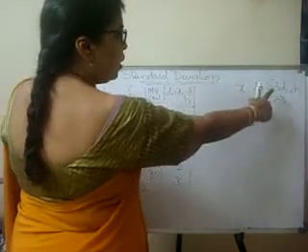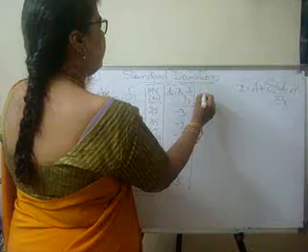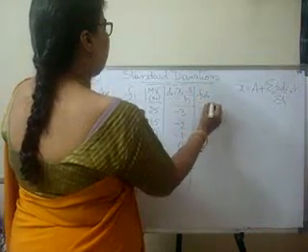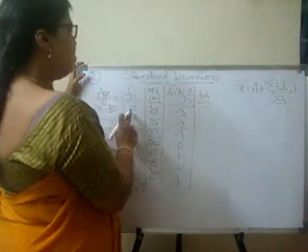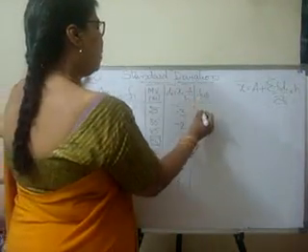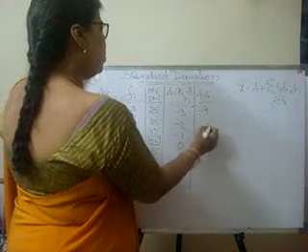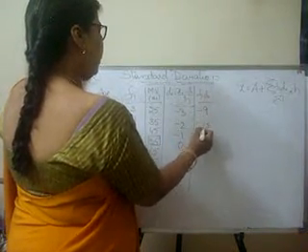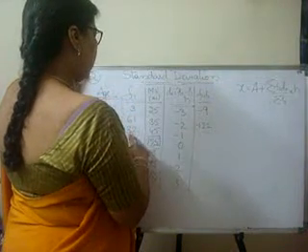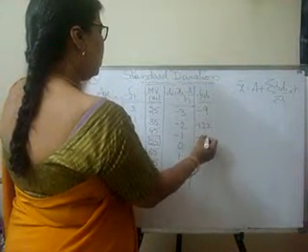Now what do we require? Fi di. 3 times minus 3 is minus 9. 61 times minus 2 is minus 122. Minus 132.